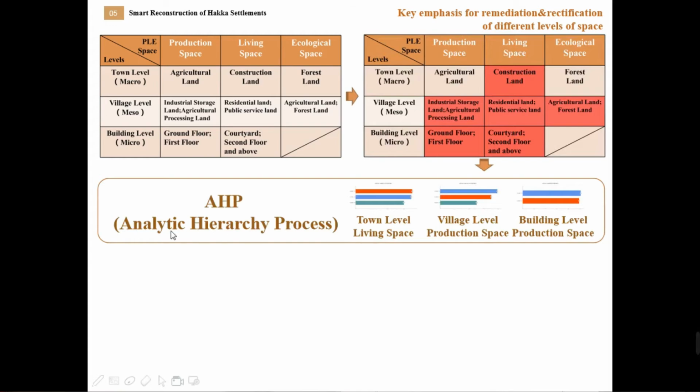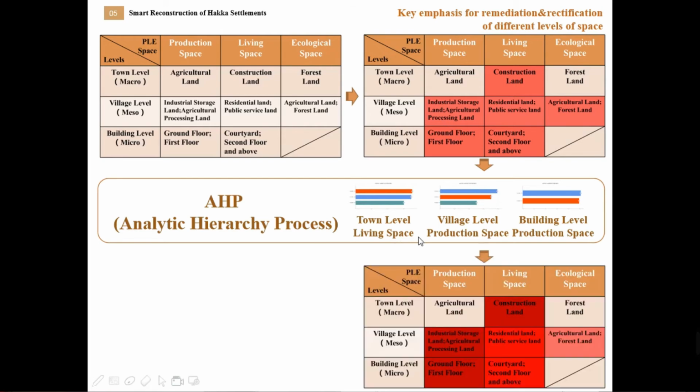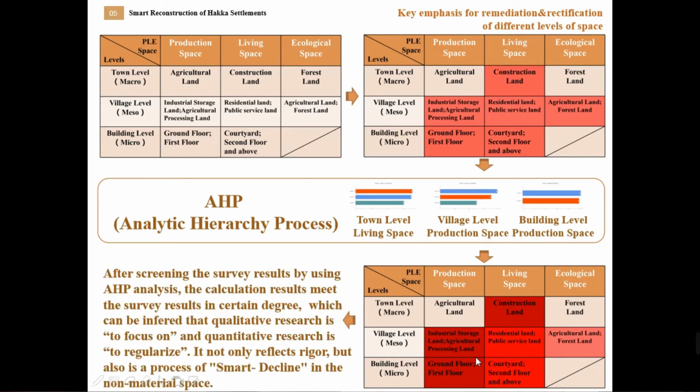Coming up is the analytic hierarchy process. It's a kind of algorithm to define which one is the most important. Coming up is the table with different importance on which we have to focus in order. You guys can take a look. That's the result of the analysis.